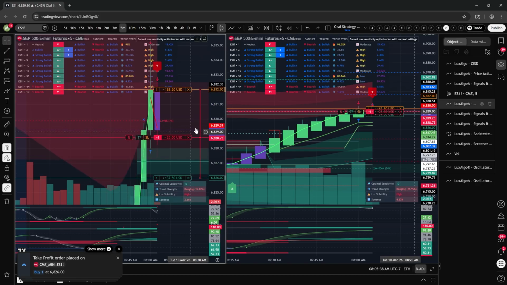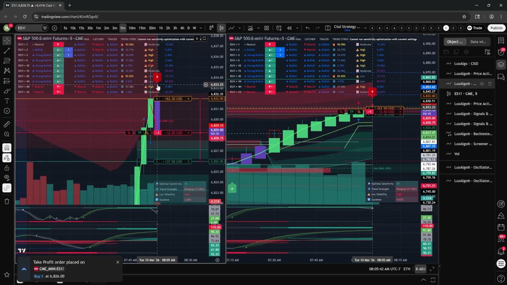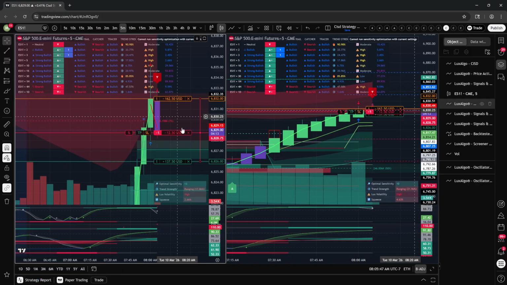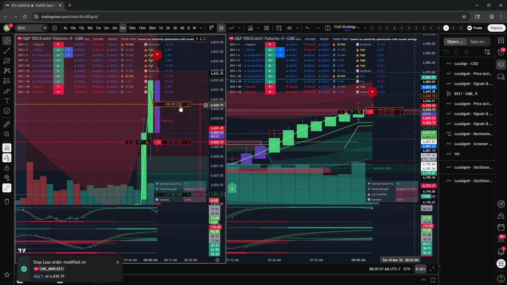It wasn't very good. But you see how you wait 10 seconds, it starts printing, it starts going your way, hopefully. Now I'm going to be very strict on my stop loss here because I'm just not feeling this.